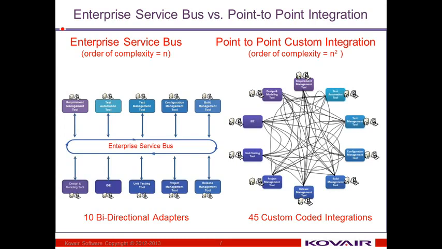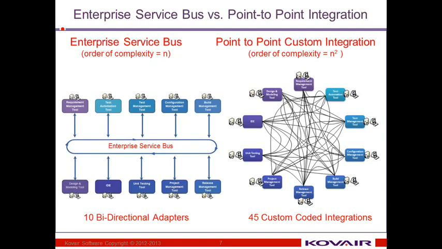So I've gone to the next slide, which shows a diagram of an enterprise service bus on the left-hand side and a point-to-point custom integration scenario on the right-hand side. Over here, on the right-hand side image, you see that there is a complete mess of integration flows between all the 10 tools.